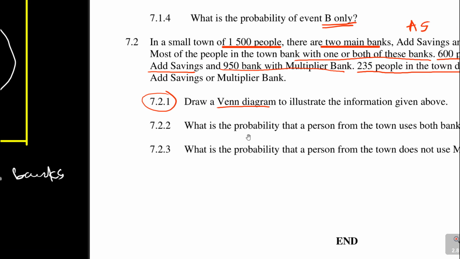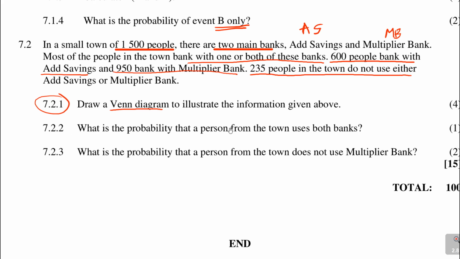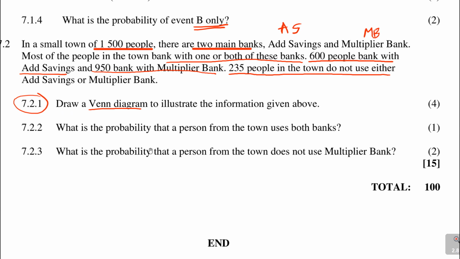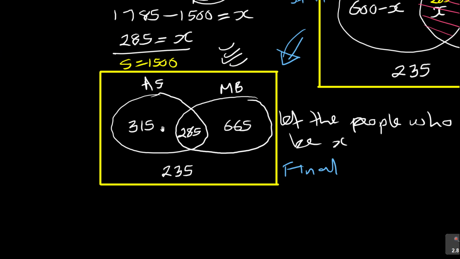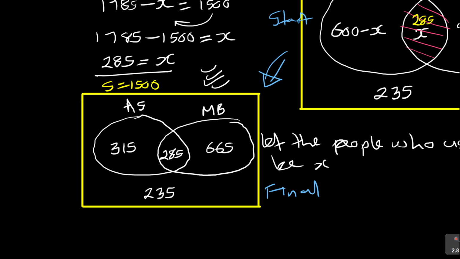Next question: what is the probability that a person from the town uses both banks? Both. Now they're telling you the probability that the person uses both. And we know what both means. Both is that center.